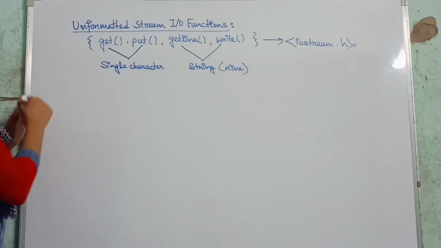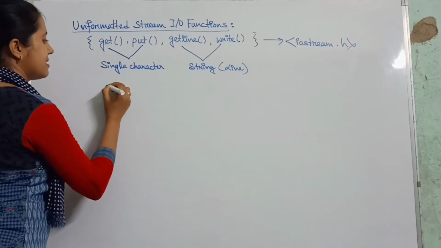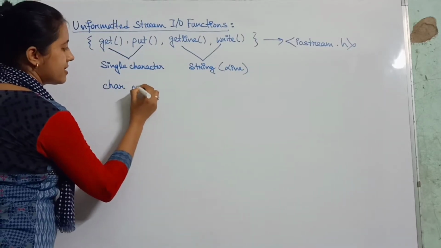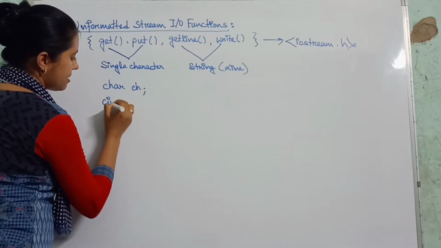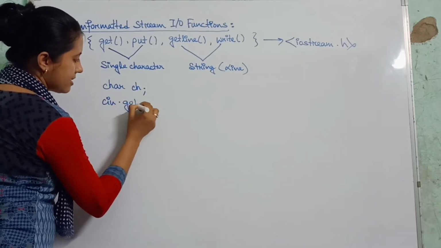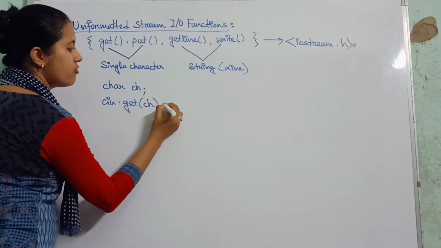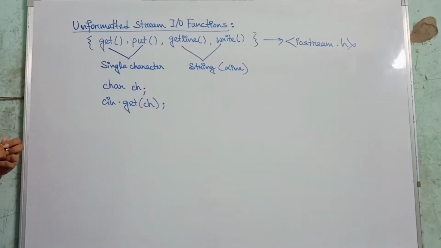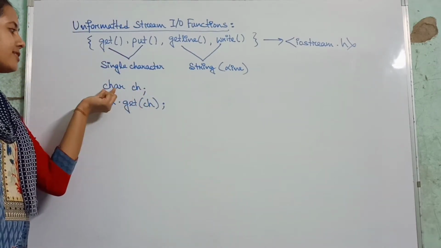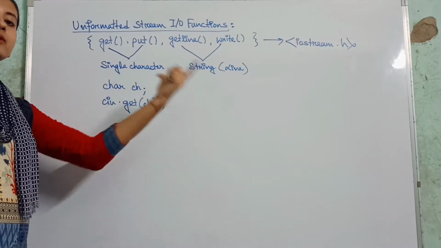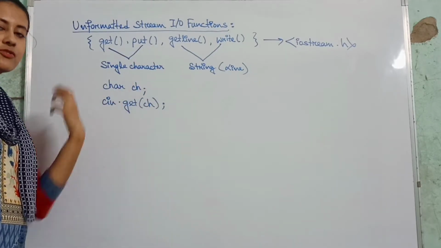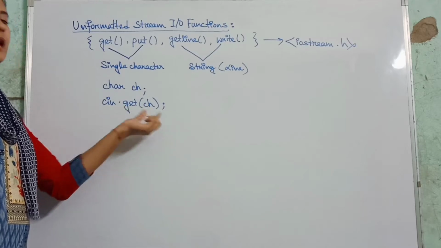First you look at this one. If I write like this, char ch and I write here cin.get(ch). This is how we write the get function. This ch I have defined as a character, and when this character is entered using the keyboard, it will extract it from the keyboard using this get function.